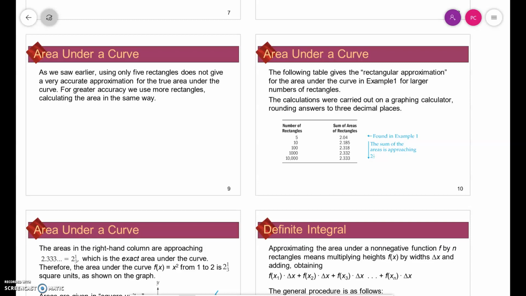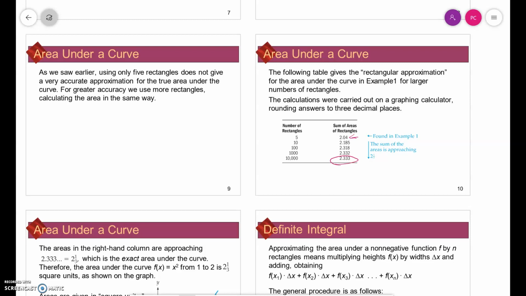And what this next slide, slide 10, showed is what the approximation would be if we added more and more rectangles. They go from our 5, which gave 2.04 in our first example, all the way up to 10,000 rectangles, and we get an approximation of 2.33.